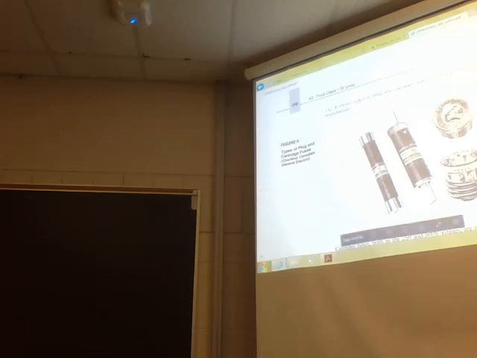This style here is what you'd see in a 600 volt fuse up to 30 amps. Once you get above 30 amps, you'll see it with the post on the top and bottom, so that you can't put a higher rated fuse and a lower rated disconnect.